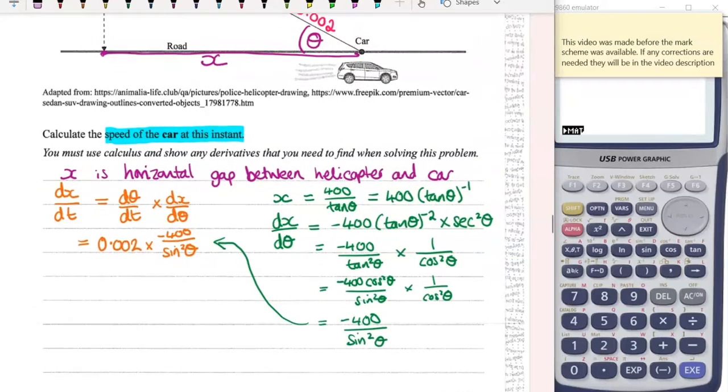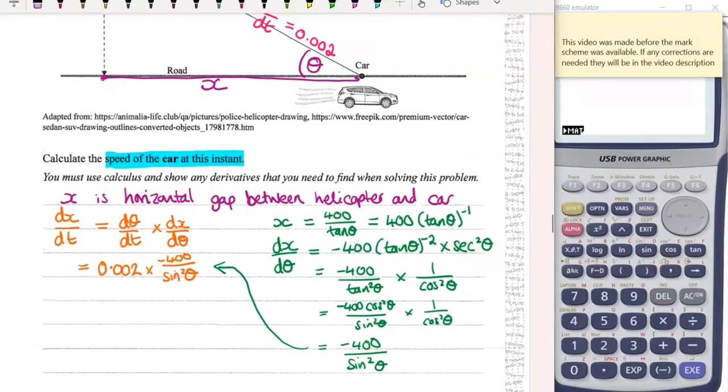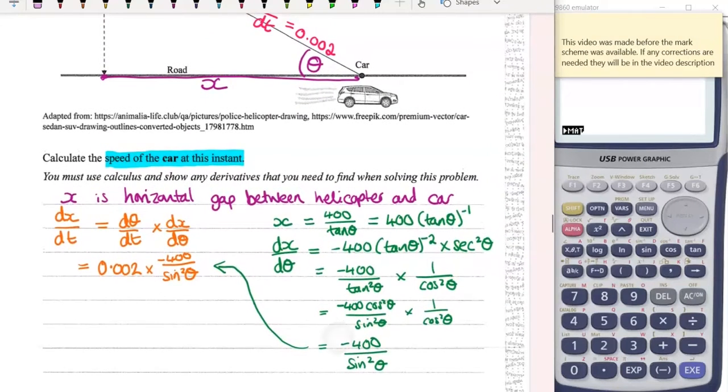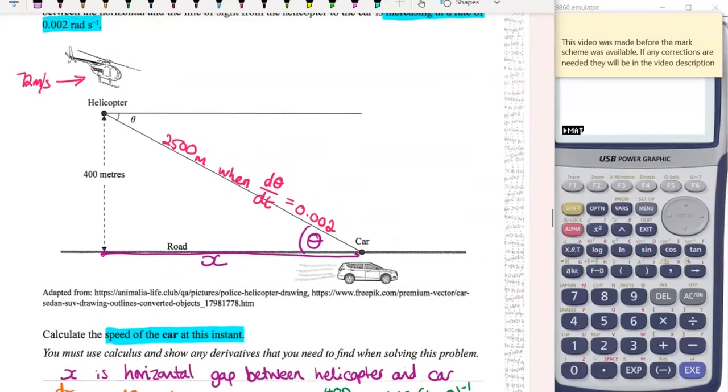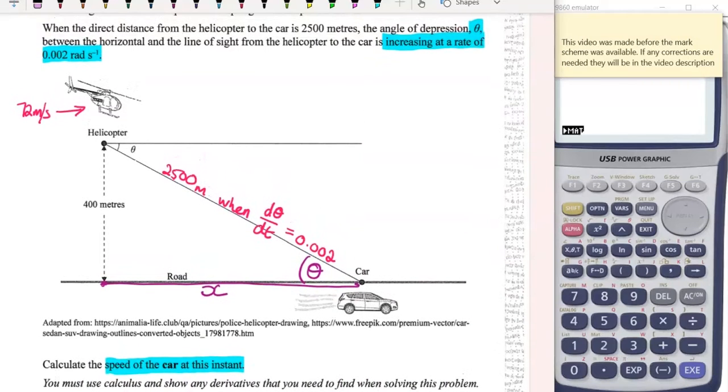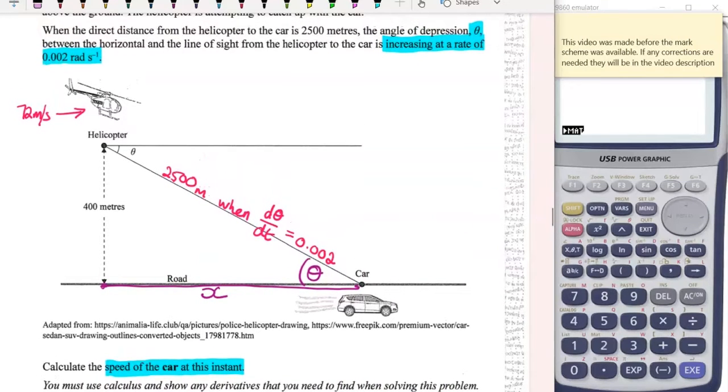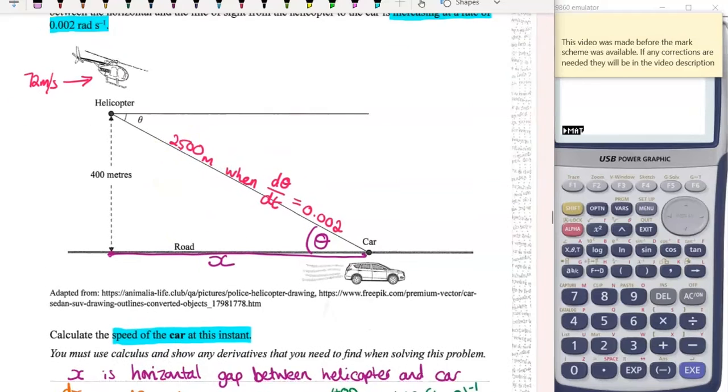Now the next stage, we don't have a value of theta to put into this from the information that we've got in the question. We need to find something that can help us to work out theta. What we do have is this 2,500 meters at this particular point.